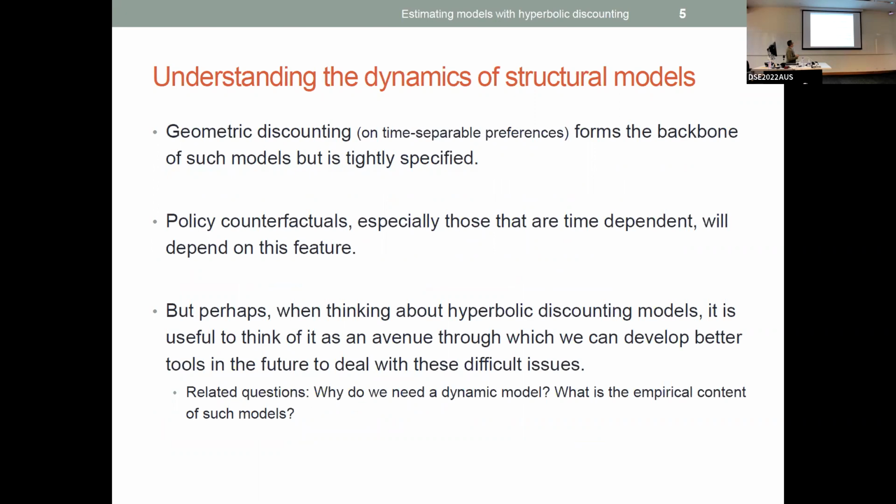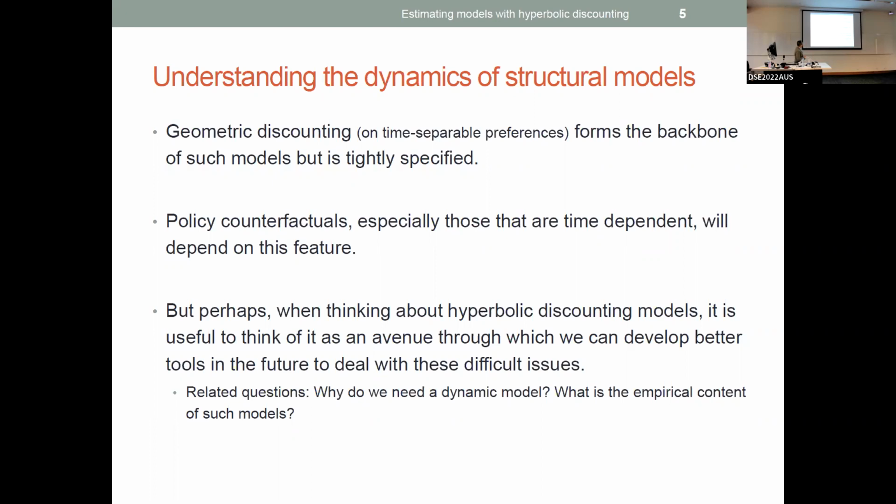Okay, now understanding the dynamics of structural models, I think this is a more basic or maybe possibly fundamental question, an existential issue, so to speak. Geometric discounting, which is based on time-separable preferences, forms the backbone of such models. But it might be potentially tightly specified.